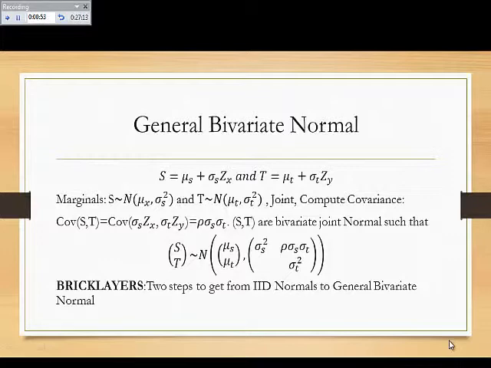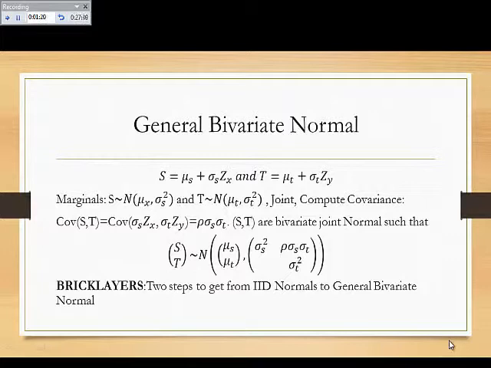And now S and T are bivariate joint normal with correlation equal to rho, covariance equal to rho times σS times σT, and they have the marginals that I want, μS and σS squared, and μT and σT squared. So this is again the building function.